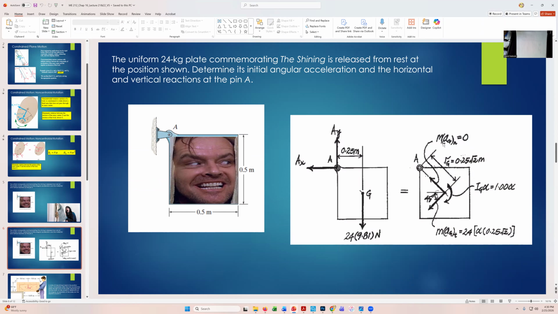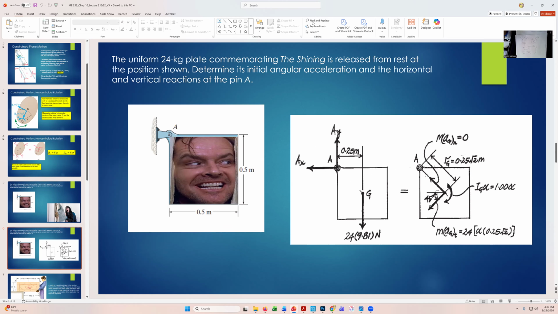Now, notice how it says mass times acceleration normal equals 0. Well, the reason for that is because when you first release it, omega is 0. So there is no omega squared r term. So what we're left with is just simply I_G alpha plus m a d. And that, of course, is always going to be our tangential acceleration.